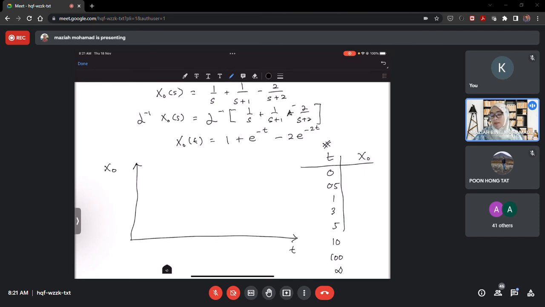So basically we will be able to plot, and maybe you have something like this. If you want to know the behavior, plot the graph. So we cover all the steps in time response derivation. Any questions so far?